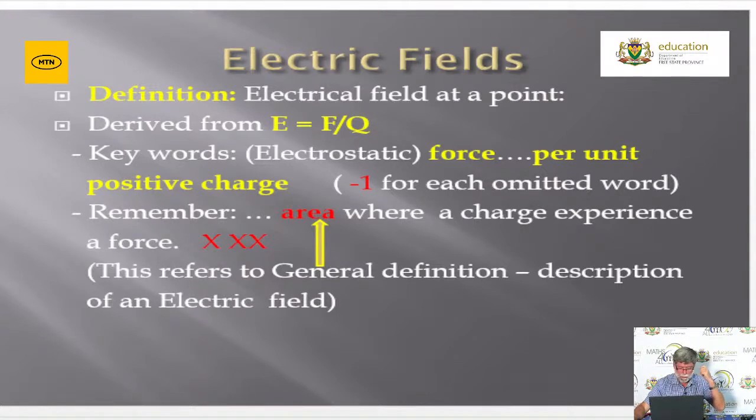The moment that an examiner sees the words electric field at a point, he knows you are defining that principle. If they ask to define or describe what an electric field is, the general description, then you say it's an area where a charge experiences a force. But that is a different definition to define electric field at a point.